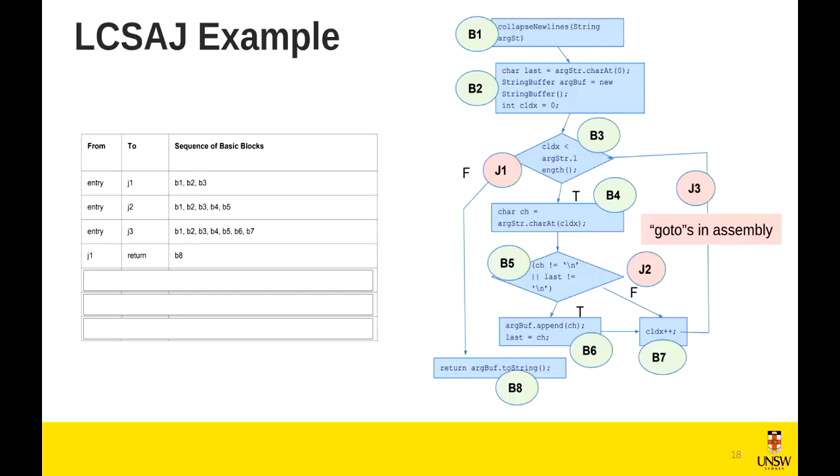Since we can dissect the control flow graph from J1, we can also do it for J2, and for J3, and of course we can eventually get all the linear segments of this control flow graph. So this is LCSAJ. It's also about partitioning, but it's not related to loops. It's more related to jumps inside the programs.